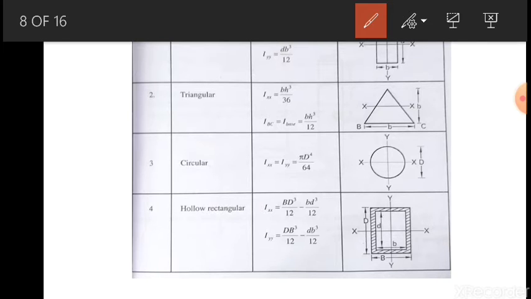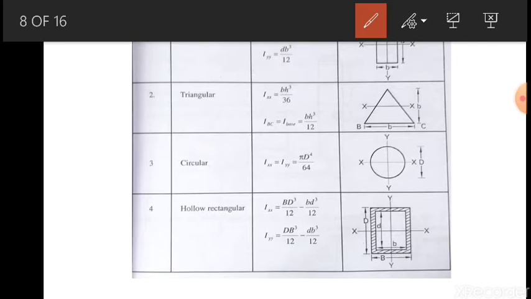And for the hollow rectangular shape, it is b d cube by 12 minus the inner dimension, that is the smaller b d cube by 12 for Ixx. For Iyy it is d b cube by 12.